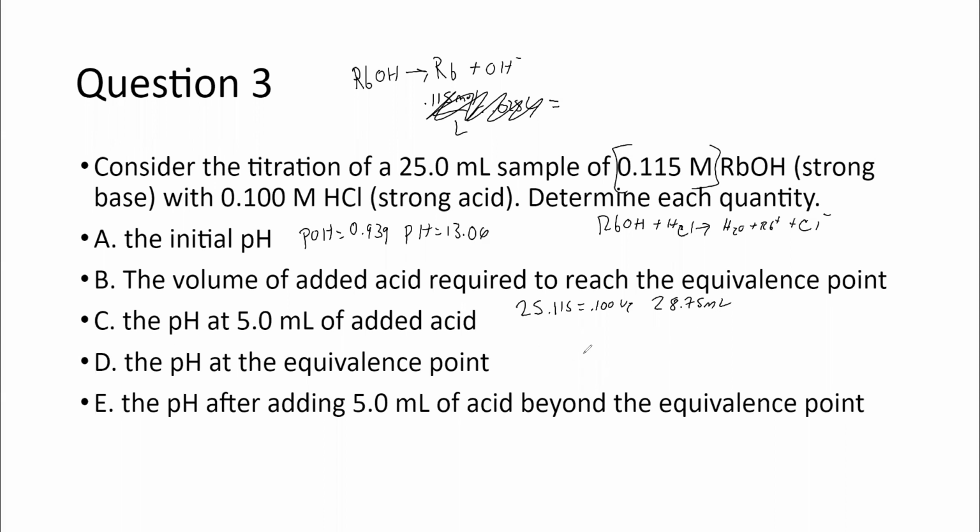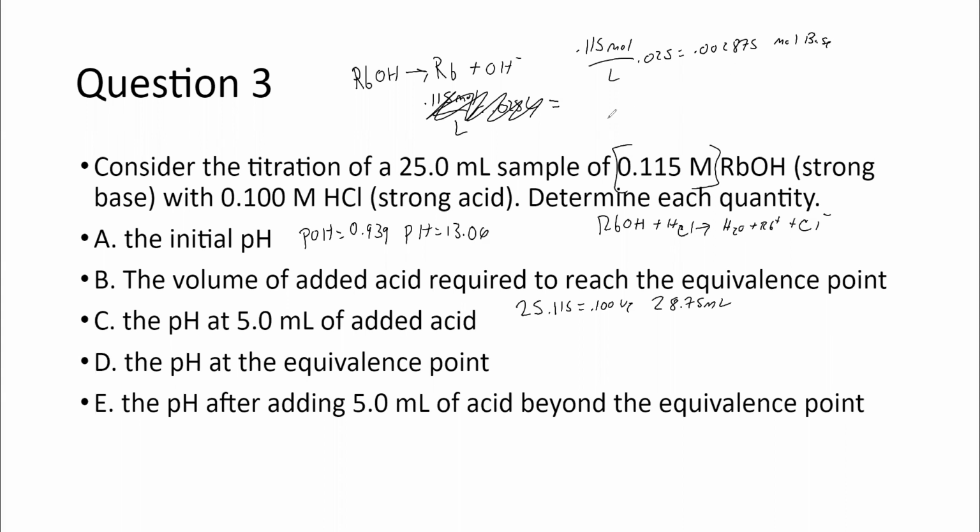What's the pH if I only added 5 mL of acid? So again, like the previous one, I need to go to moles, and that's what I was doing up here. So let's go back to how many moles of base did I add? So do that calculation. And I added 0.002875 moles of base.